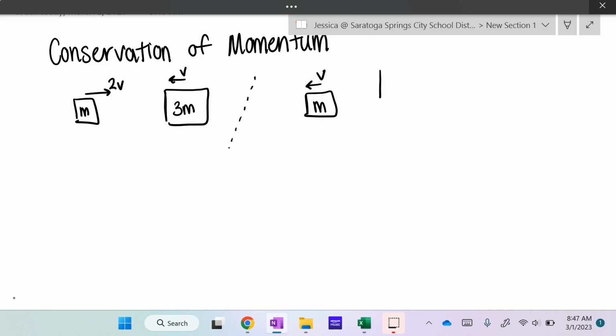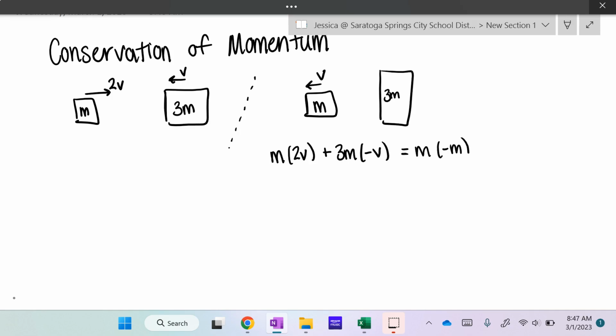I can quickly figure out what speed the 3m block is moving by doing a quick conservation of momentum calculation. So m times 2v plus 3m times negative v has to equal m times v, not an m, plus 3m and some unknown speed x.